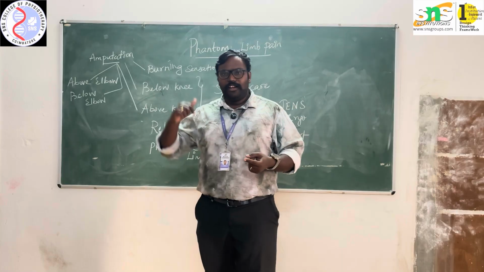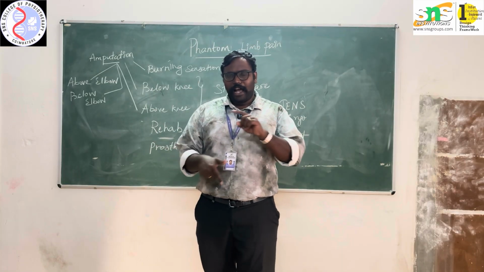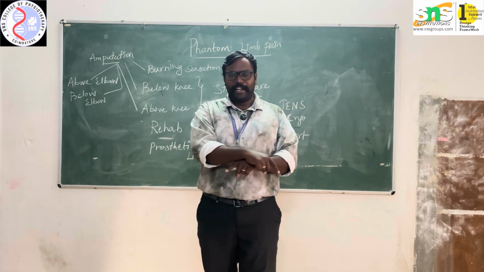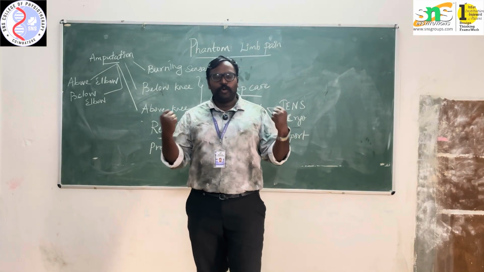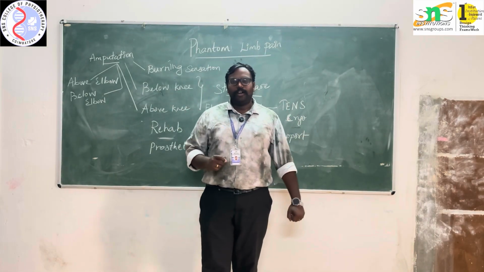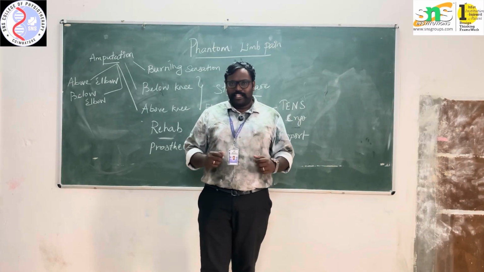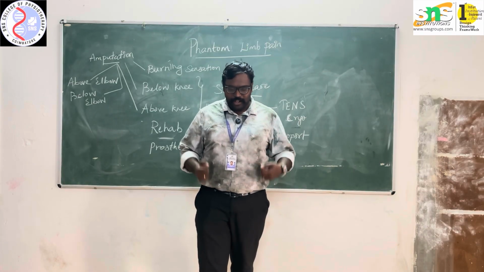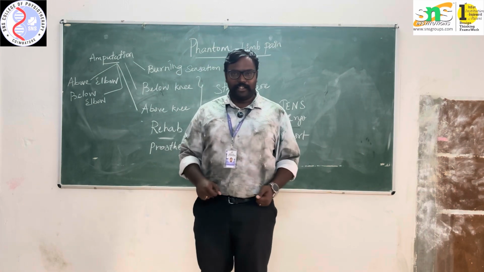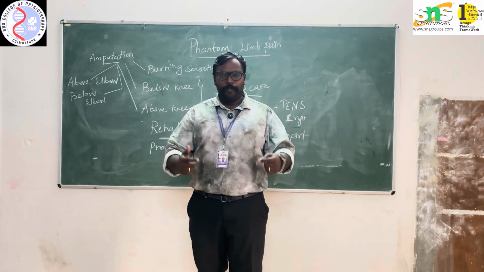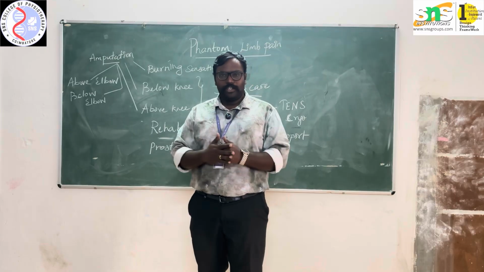Strengthening of the amputated and the normal leg, both should be done, along with strengthening of the two upper limbs. Why? At the first stage, we need to implement the walker with a hopping technique. The patient should hop and walk.